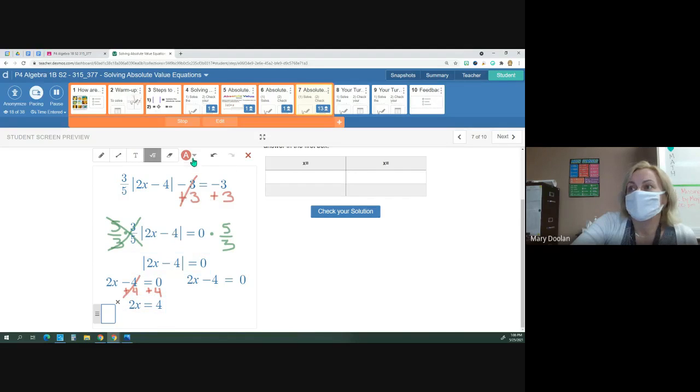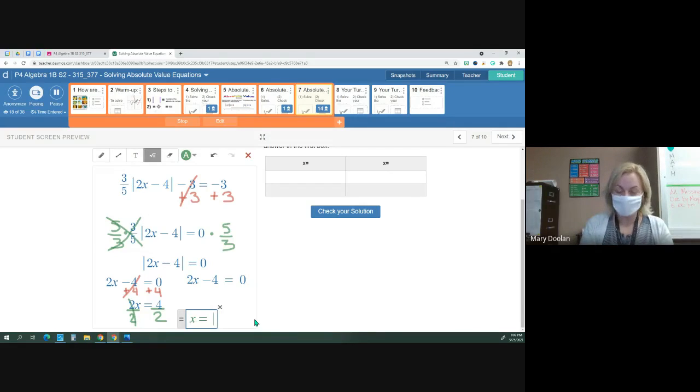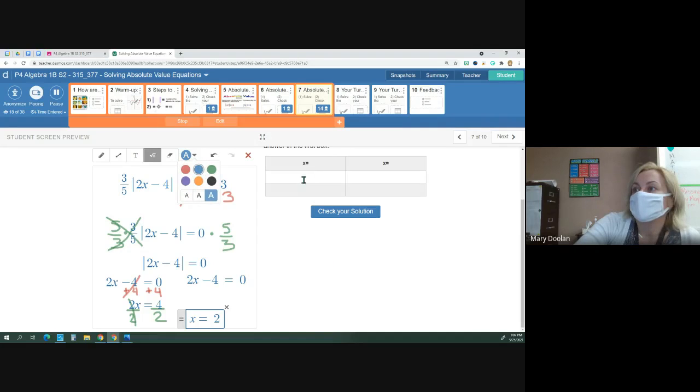And to solve this, we would just divide both sides by the factor being multiplied by x, which is 2. 2 divided by 2 is 1. So then I'm just left with the solution of x equals 2. And you can check it. Check your solution. Good.